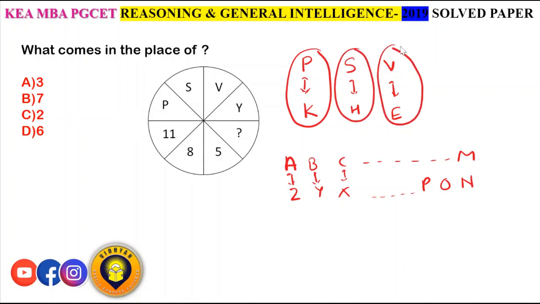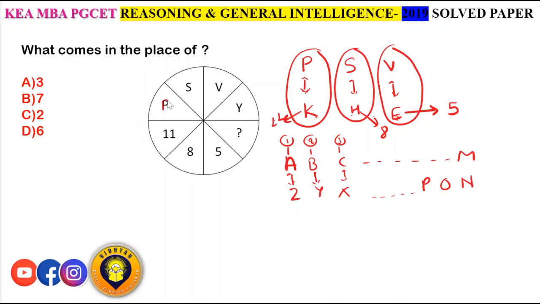Now, K, H and E, if you see the place value of these, what is the place value of K, H and E? Place value means A place value 1, B place value 2, C place value 3. So E place value is 5, H place value is 8 and K place value is 11, right?